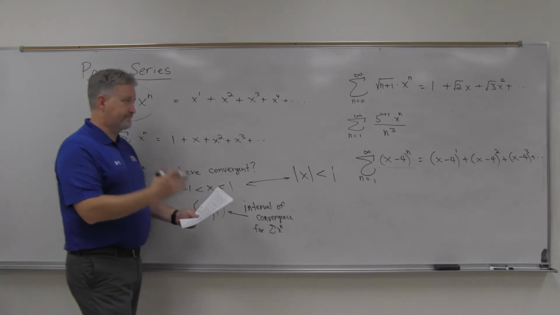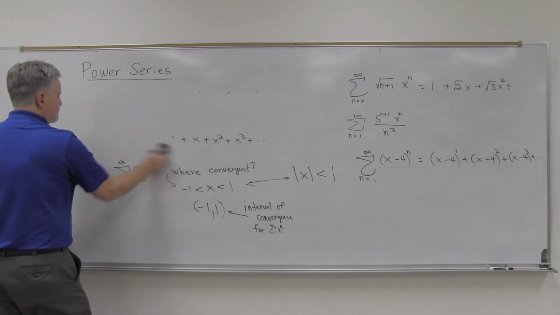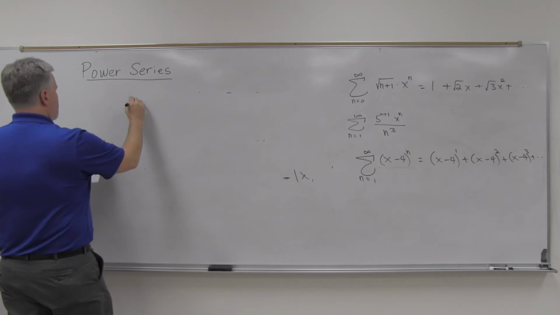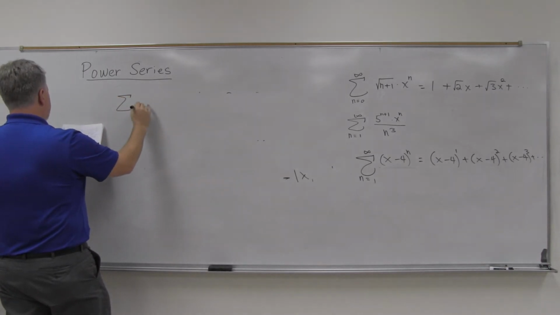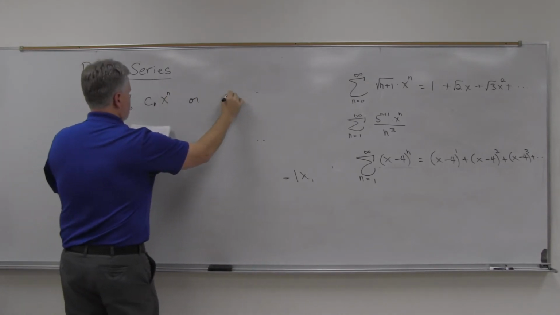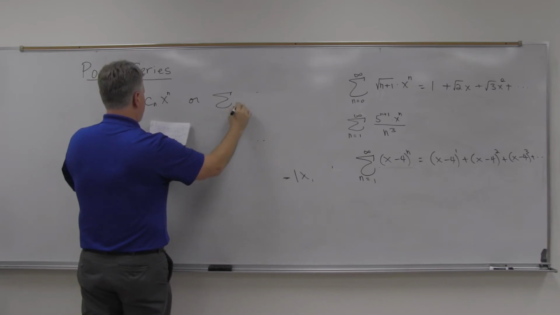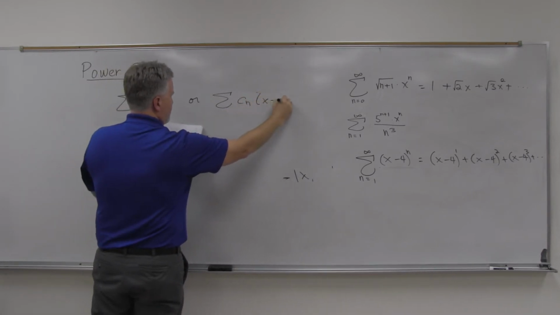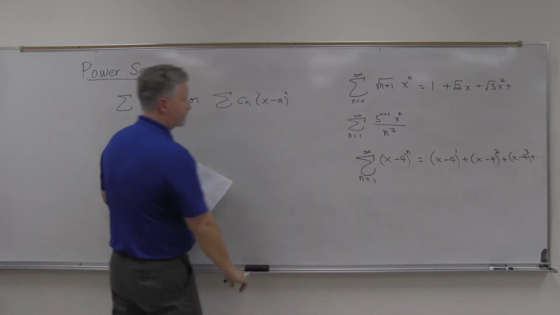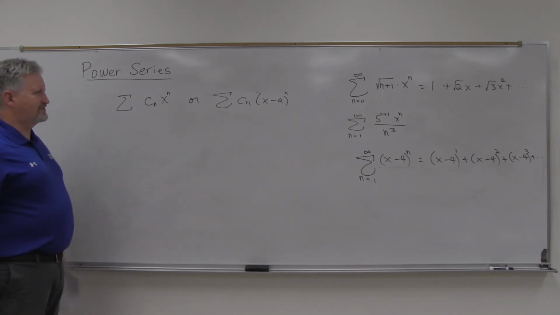So in general, here's what we say a power series looks like. The sum of c sub n x to the n, or the sum of c sub n times x minus a to the nth power. Kind of a shift there.